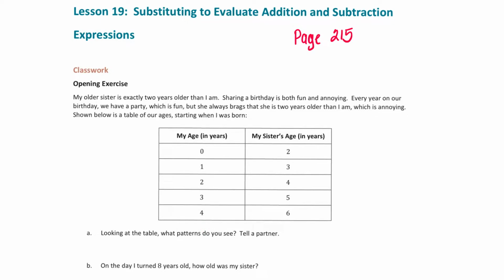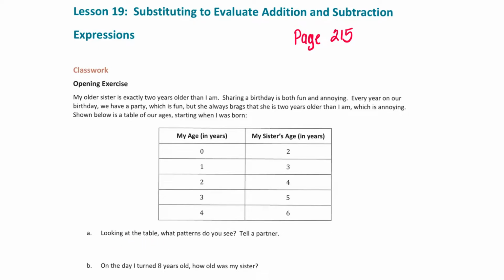If you look at the data horizontally, you can see a pattern. And hopefully you were able to see that every time you're 0 years old, your sister is 2. So there's an increase of 2 years when comparing my age and my sister's age.